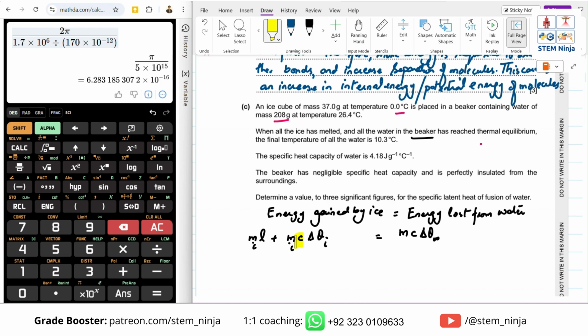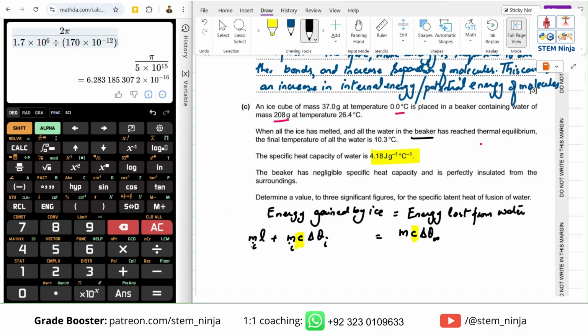The specific heat capacity that we're going to use is the same, because once the ice has converted into water, then the temperature change will happen. It's not ice specific heat that we have to use.